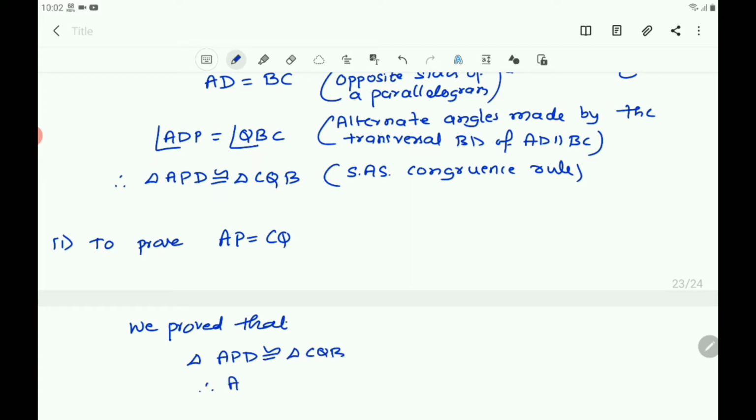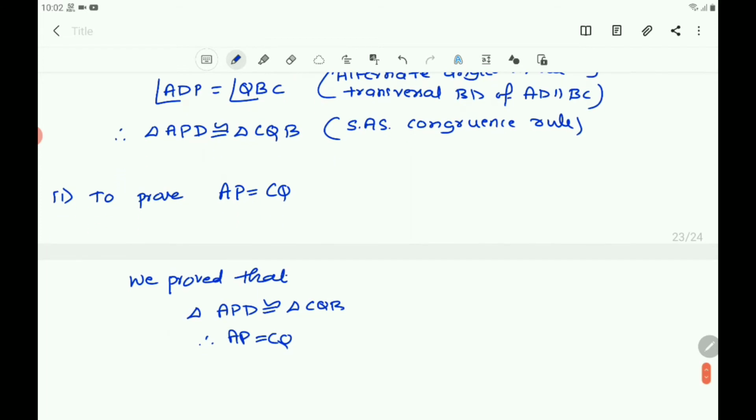Therefore you can write AP is equal to CQ according to CPCT. According to CPCT, you got the second one.